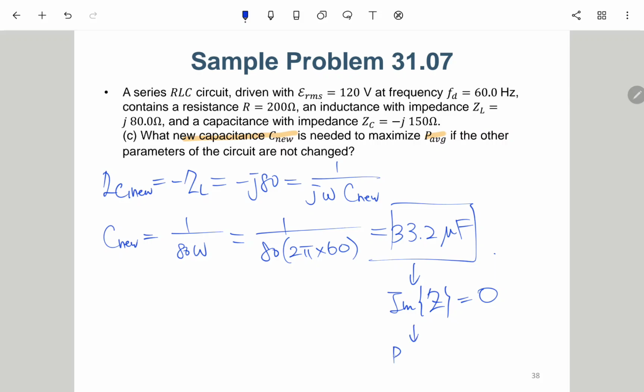So in that case, P average is maximized. Okay, like this. So far any questions?